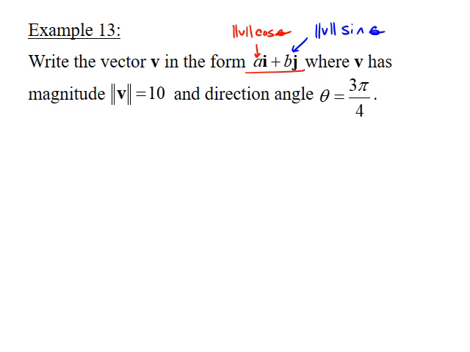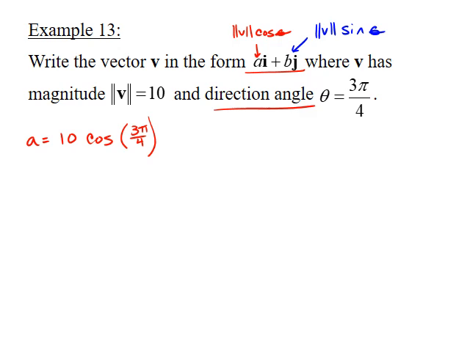So let's go ahead and find A first. The magnitude of V is given to us, which was very kind. It's 10 times cosine of theta. The direction angle is also given to us as 3 pi over 4. All I need to do is simplify this, and I have A.